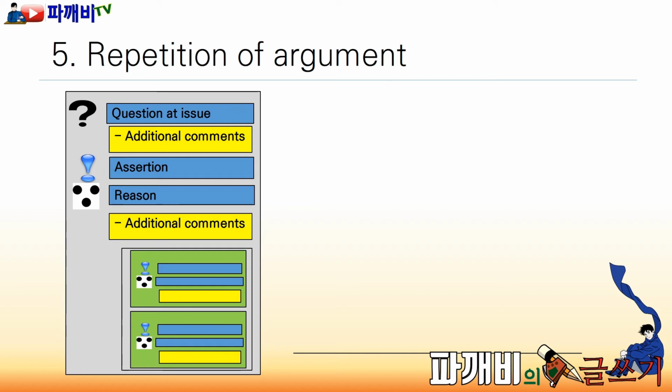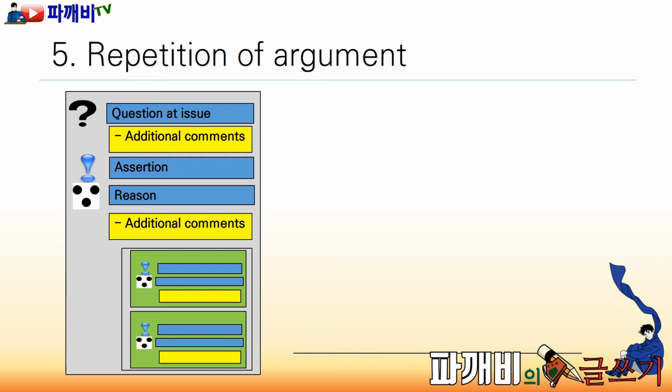This drawing shows the structure of an article, which is composed of a chain of question, assertion, and reason. From the second argument, its question at issue is omitted in many cases because it answers the question that arises from the previous argument.